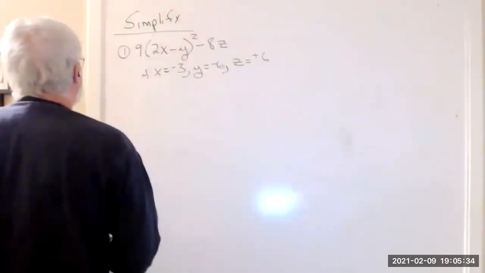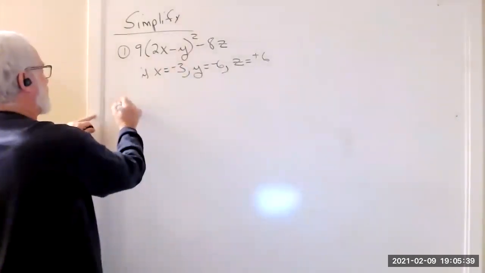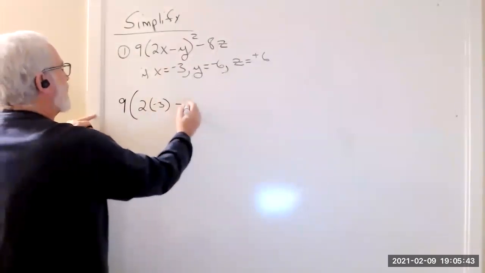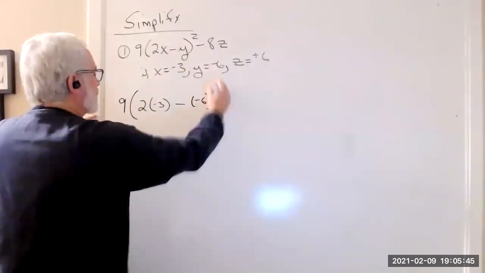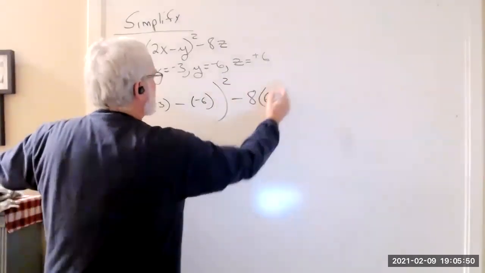Okay, back up to this one. We started this earlier in the evening, but not everybody was logged in at that time. This is 9 parentheses 2 times -3 minus -6 close parentheses squared minus 8 times 6.